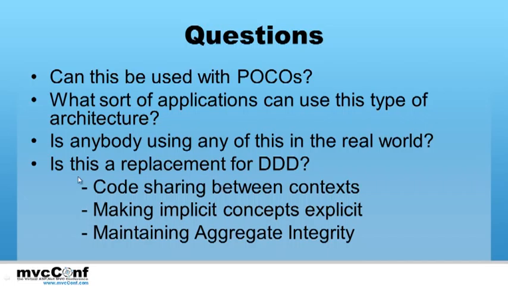With CQRS and event sourcing, these types of concepts become explicit. An aggregate root is confined to taking commands and generating events. A denormalizer is confined to taking an event and updating a certain set of read models. The user interface is confined to reading in data from the read models and displaying it to the user, and capturing user input and sending that via commands to the aggregate objects.